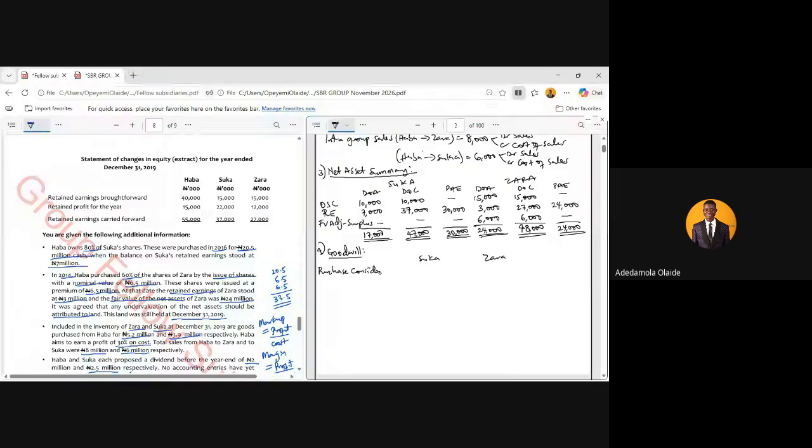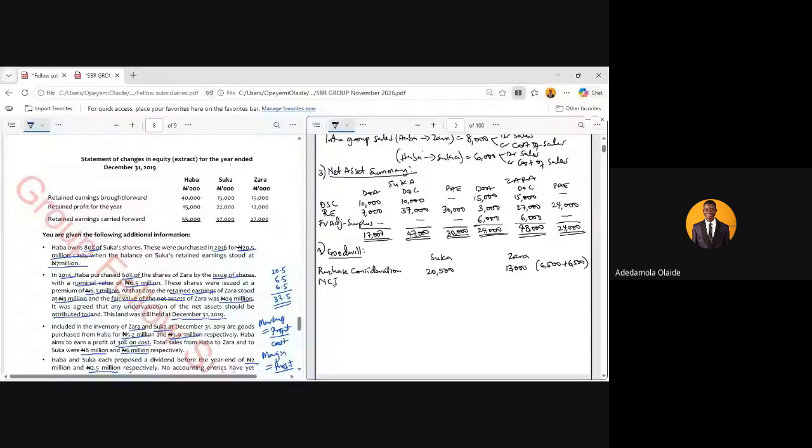The purchase consideration for Suka is how much? 20,500. Remember, we are quoting the figures in thousands, so it will be 20,500. While that of Zara is how much? 13,000, which is as a result of 6,005 plus 6,005. Is it clear?